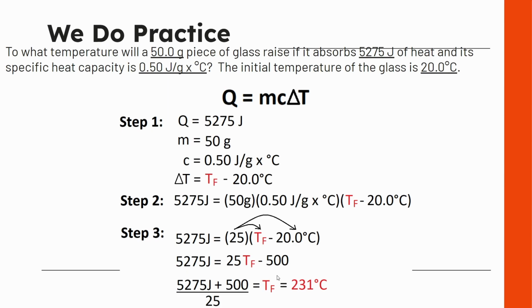Then I could add 500 on both sides to get rid of my 500 on this side. And then I divide both sides by 25. This is just me doing it all in one step. So 5275 plus 500, divided by 25. I get a final temperature of 231 degrees Celsius.